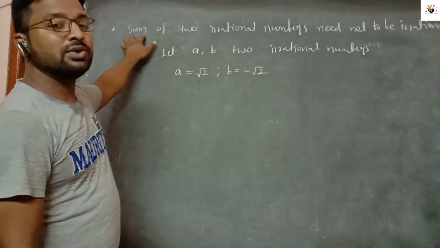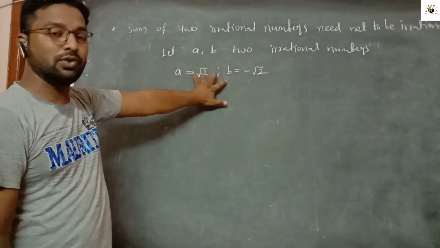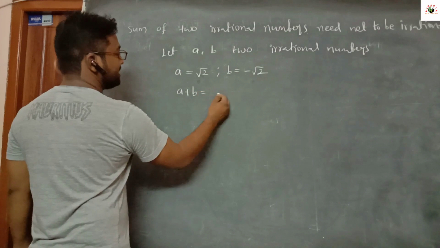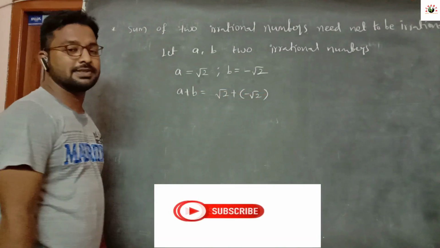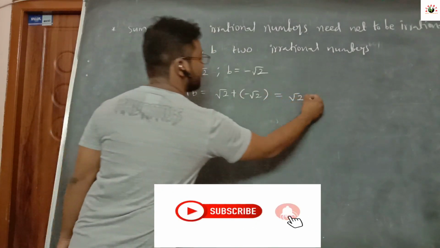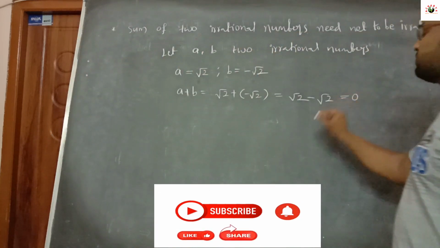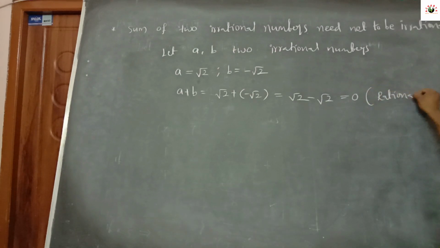Now according to the statement, sum of two irrational numbers means we should add both. a plus b is equal to root 2 plus minus root 2, that is root 2 minus root 2, which is equal to 0. 0 is a rational number only, not an irrational number.